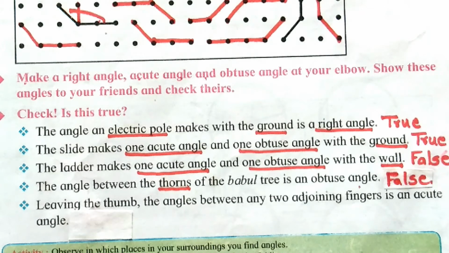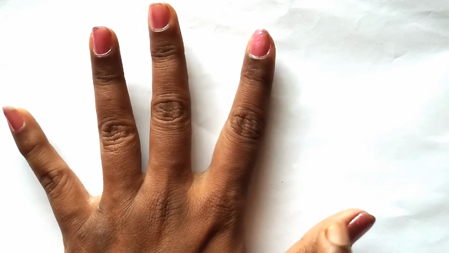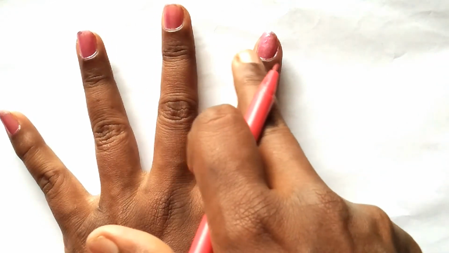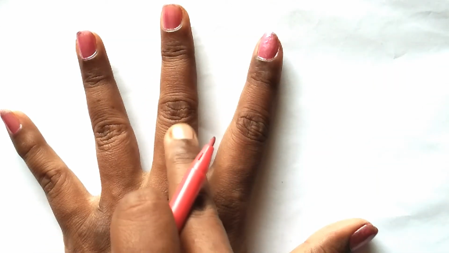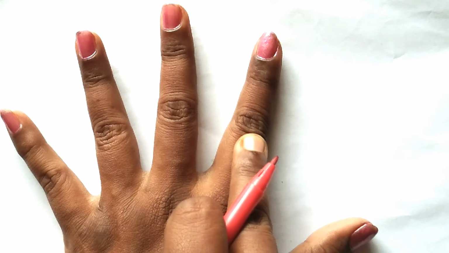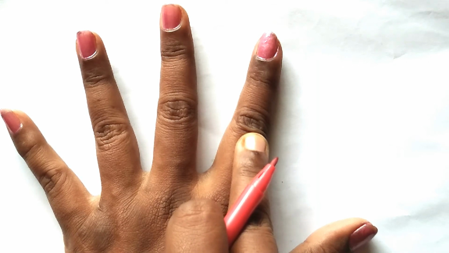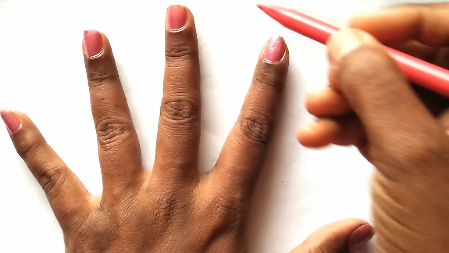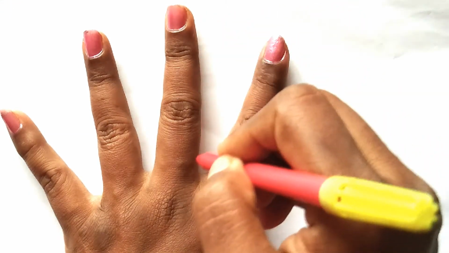Now let's read the next one. Leaving the thumb, the angles between any two adjoining fingers is an acute angle. See the children, by drawing a figure with the help of fingers, I'll explain it to you. Leaving the thumb, the angles between two adjoining fingers is an acute angle or not. I am drawing a line between the fingers.